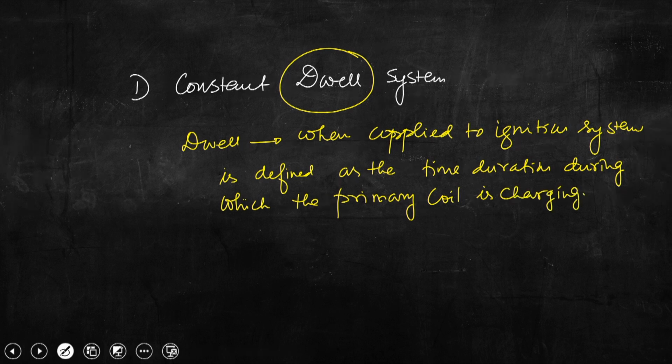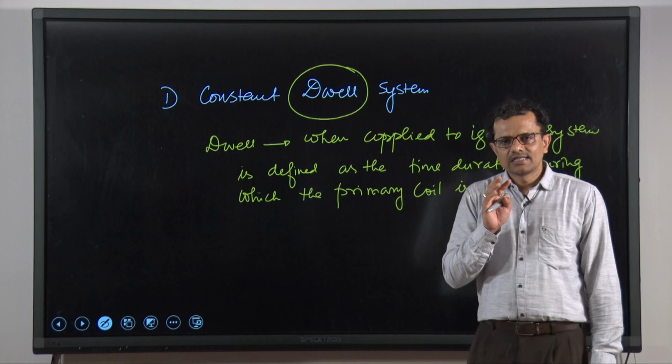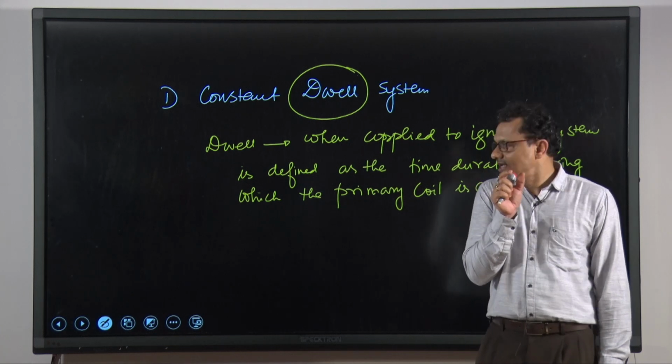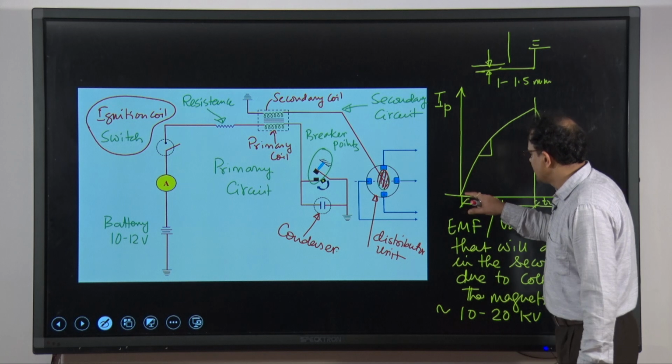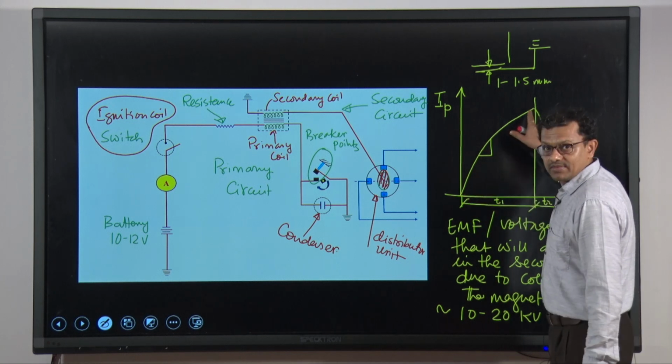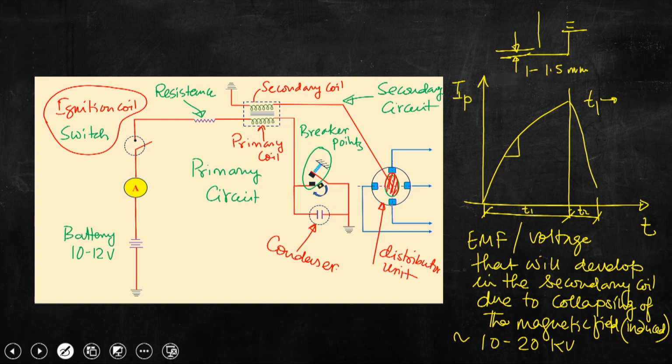Right. So, this is called constant dwell. Now, we have discussed today the charging of the primary coil. If we go back to the slide, you can see that T1 is the charging time and T2 is the discharging time.